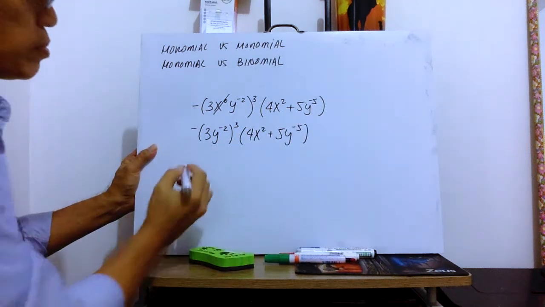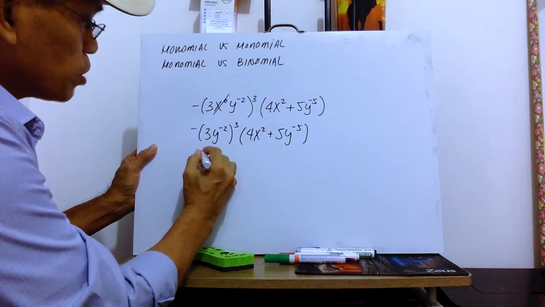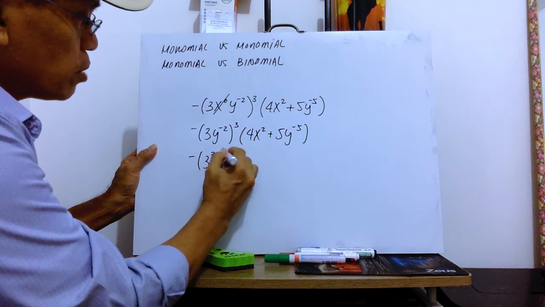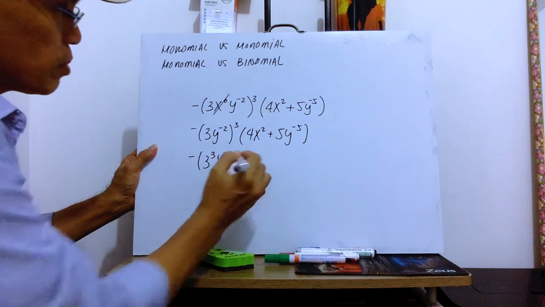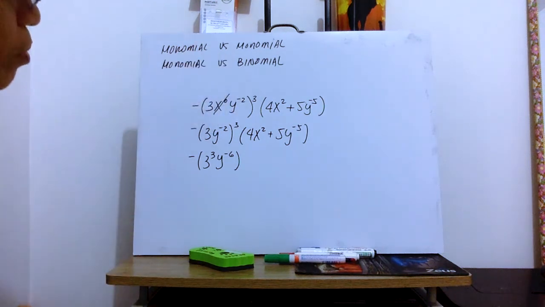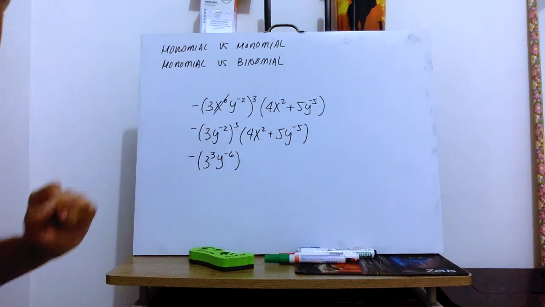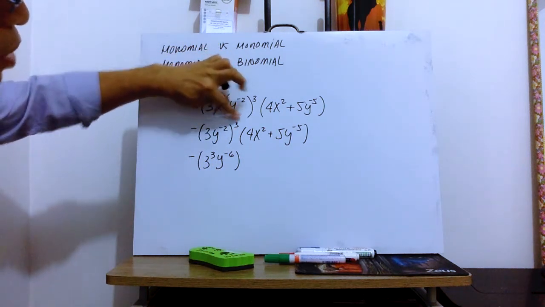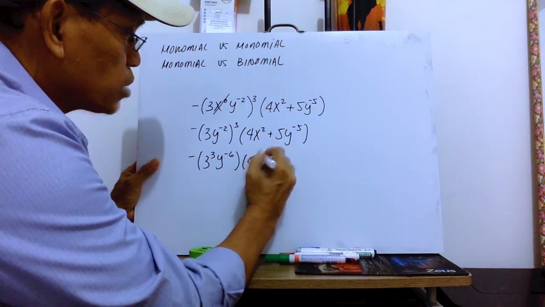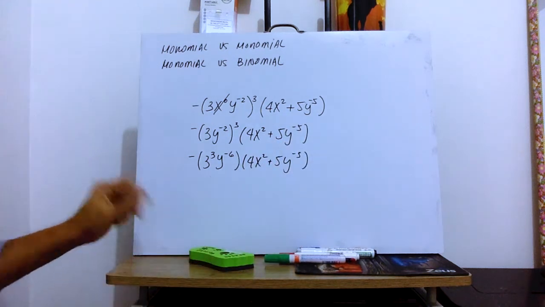And then like what I said before, we distribute the power. So it becomes 3 raised to 3, and then y raised to negative 6. Remember the third rule of exponents? When you raise a power to another power, you multiply. So negative 2 times 3 is negative 6. And then this becomes (4x squared plus 5y) raised to negative 5.